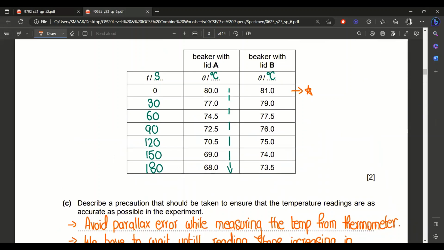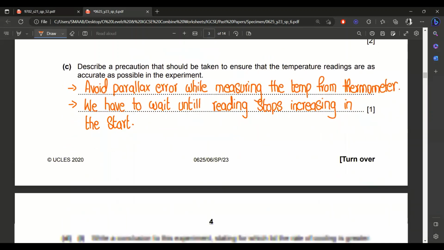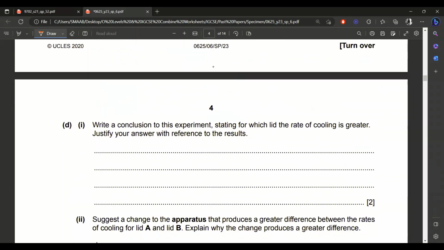You have to answer with reference. Lid A. Lid A has a greater, very good. So first we write that lid A has a greater rate of cooling.